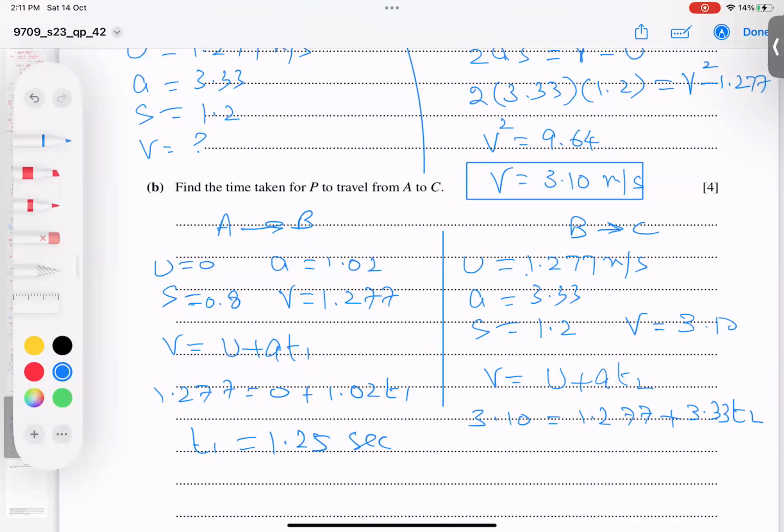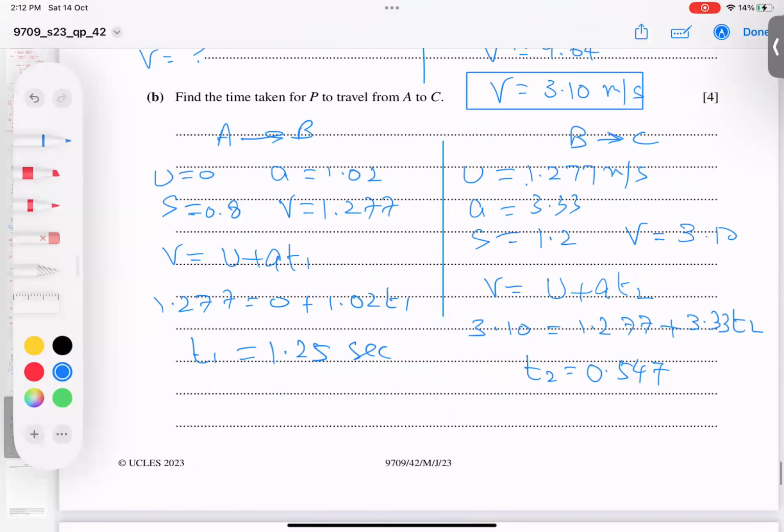So I'm finding 3.10 minus 1.277, and this answer divided by 3.33, which is giving me, let me check in my calculator, 0.547.